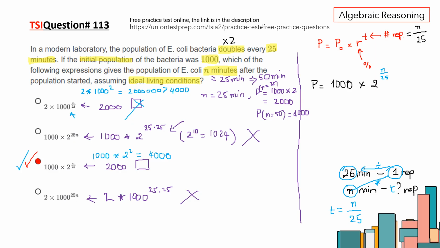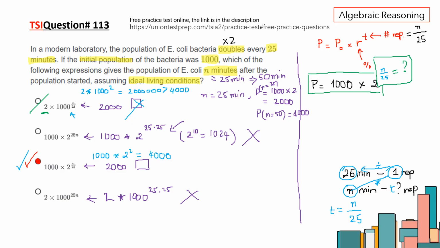How about if we remember the formula only halfway through? You know that P, the population, equals P naught times 2, but you don't know the exponent part. Based on that, you can eliminate this one for sure because it starts with 2, and that is the rate, not the initial population.